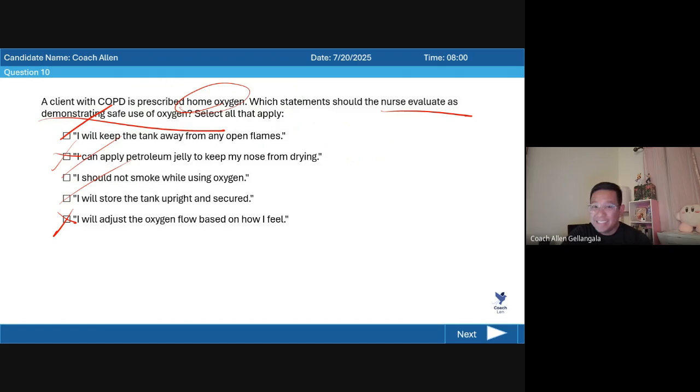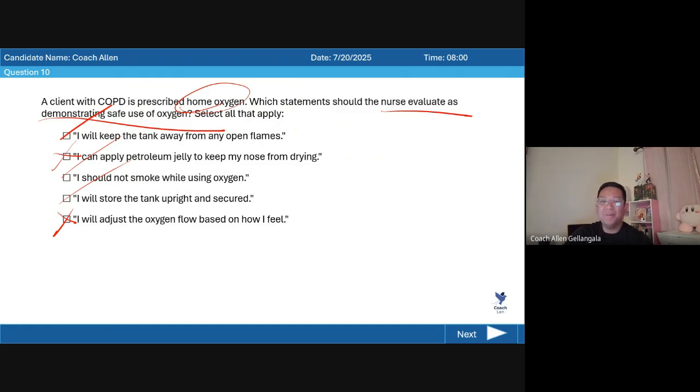Why is it incorrect? Because even when oxygen is prescribed, especially when you have COPD, you do not want unnecessary adjustment or increase in your oxygen supply, because that will create a decrease in the hypoxic drive.